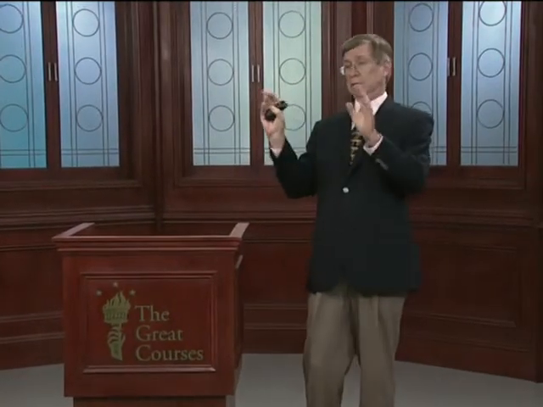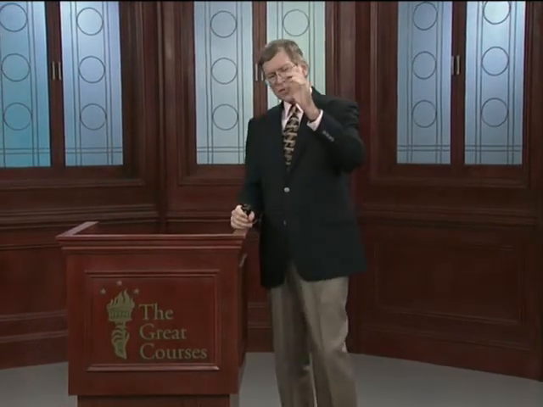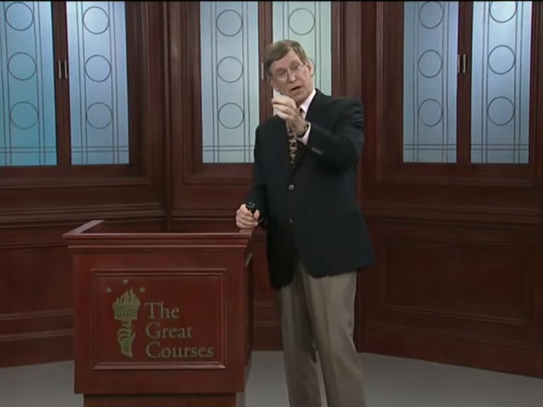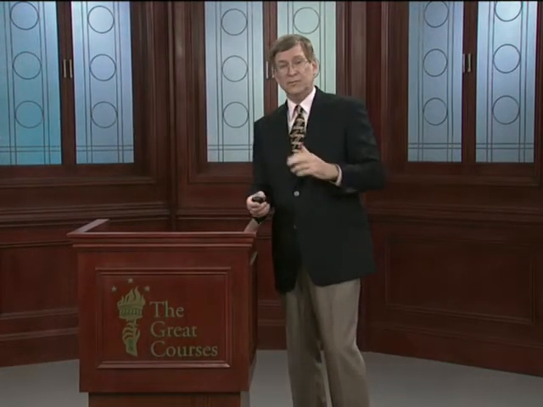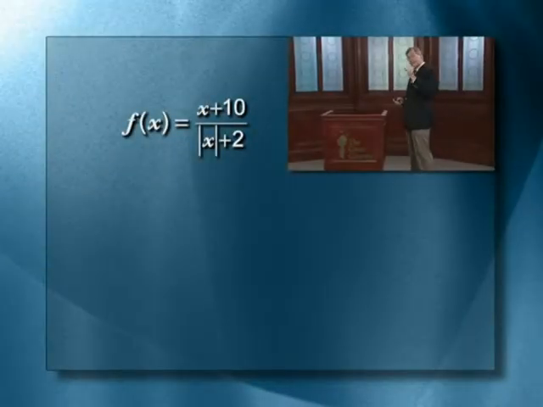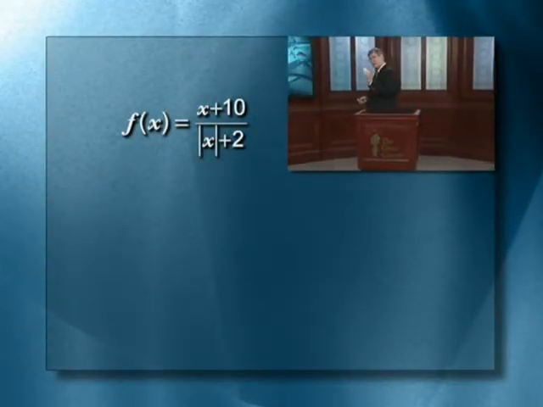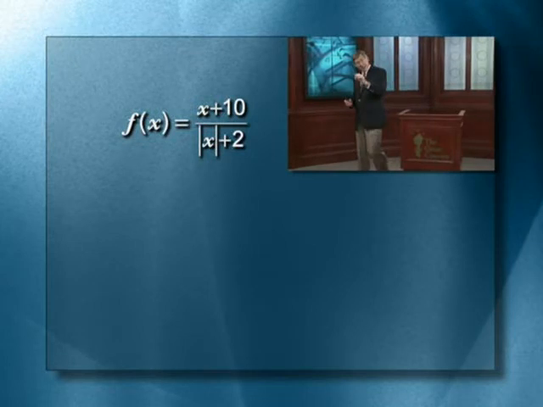And if you're like me, you get a little nervous when you see absolute value signs, like, oh, I don't like to deal with those. So I recommend you consider the two cases, when x is positive and when x is negative, and that'll let you analyze that absolute value function. So when x is negative, the absolute value of x is minus x.